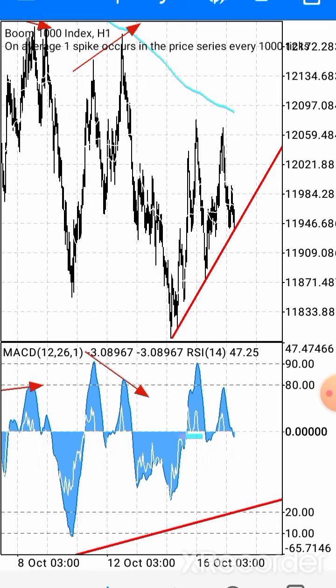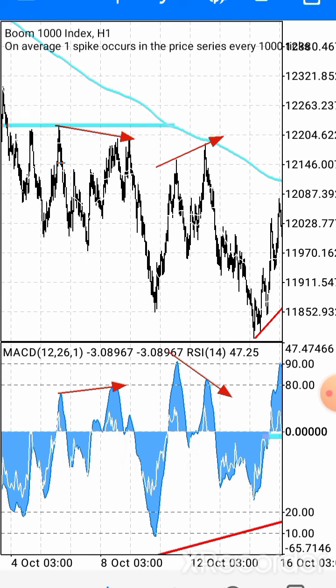Previously I talked about spotting divergence and how to use it as a possible signal for trend reversal, when the trend is about to change direction. But in this video, I'm going to show you how you can actually use it to know when price is going to continue its trend.